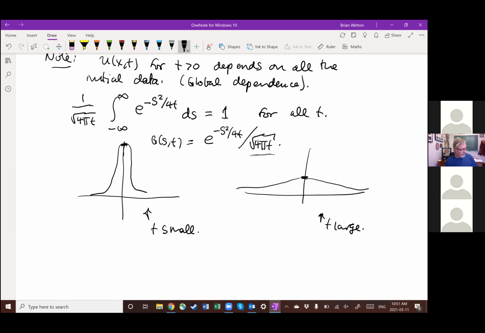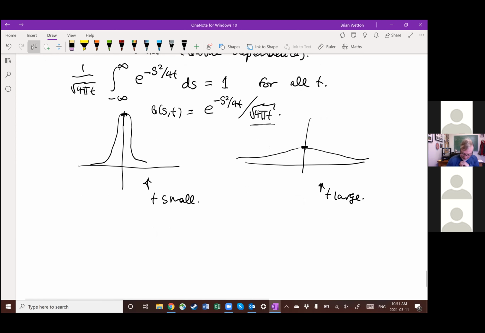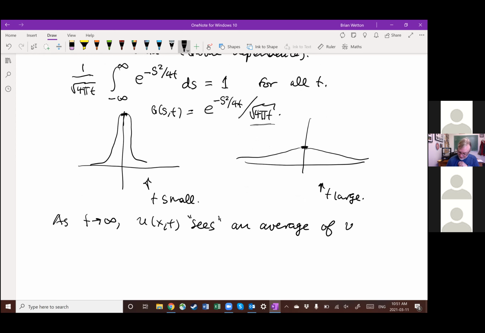So as t goes to infinity, u of x and t sees an average of u0 of s values for s near x, and the interval where you're averaging over gets larger.